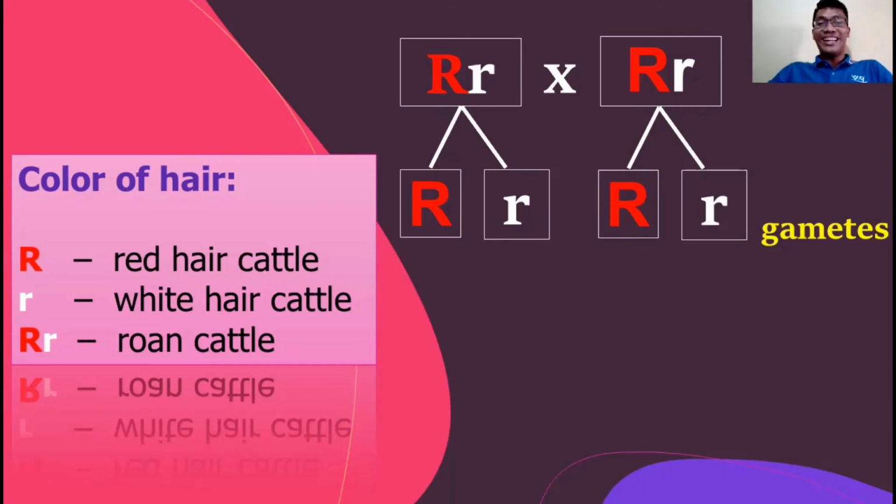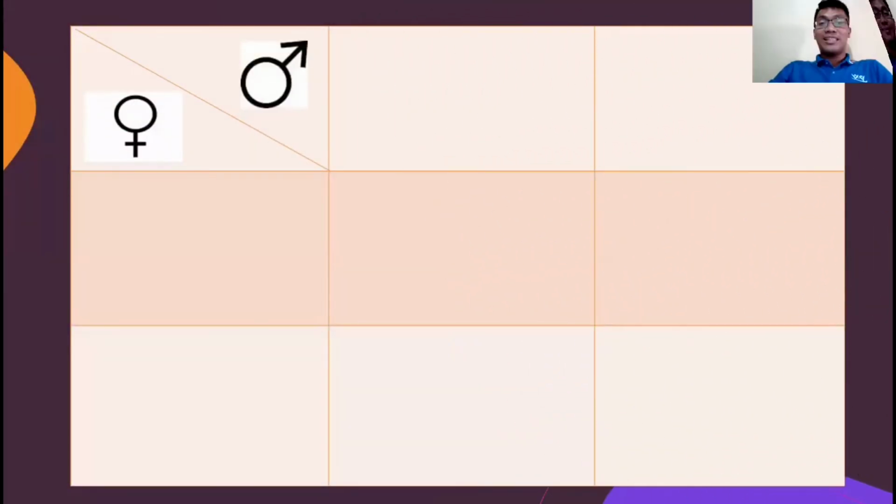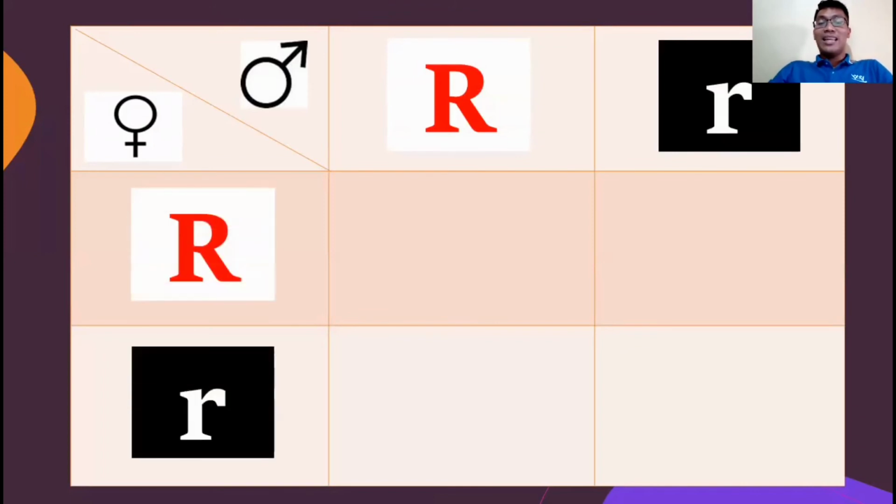With this data, let's use a Punnett square to easily analyze them. For this Punnett square, we have the male and the female. So both of them have capital R and small r. Then let's do the crossing.